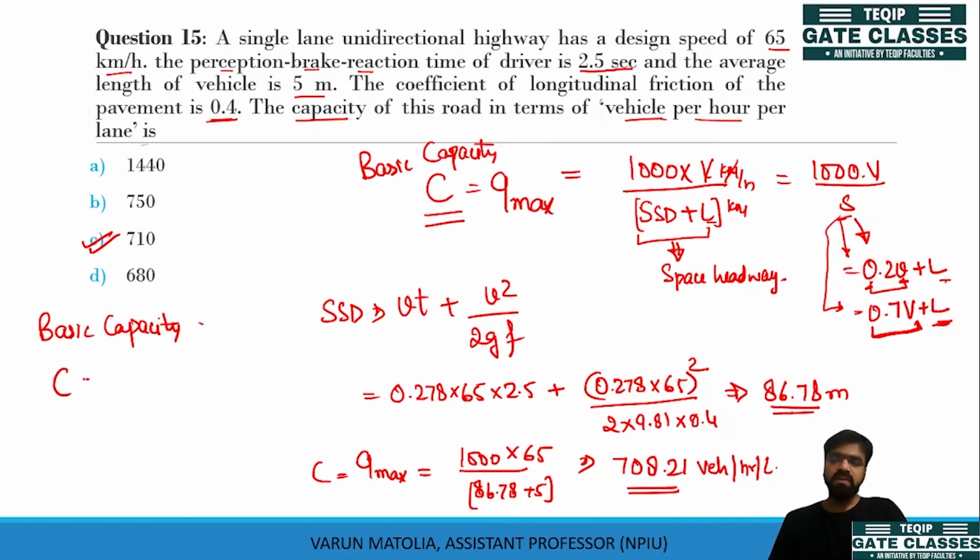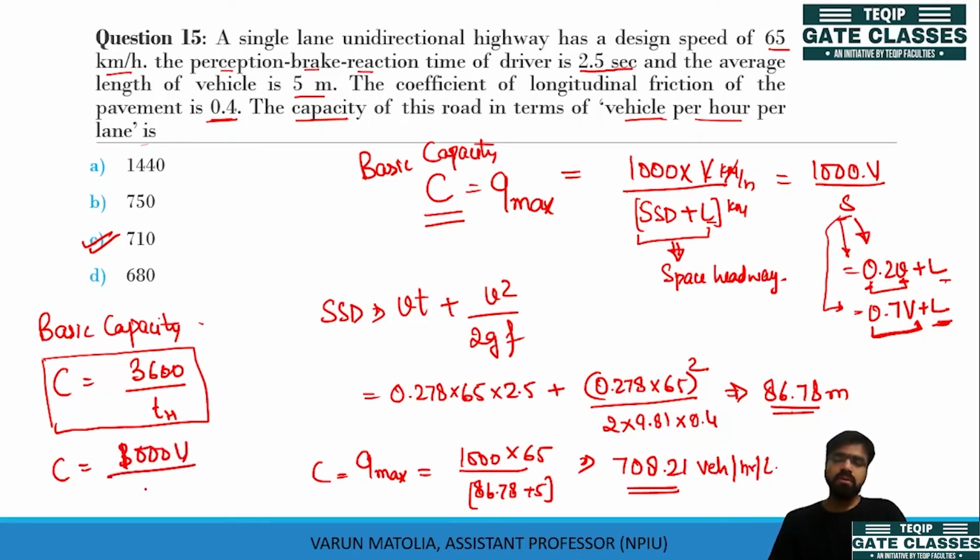In terms of time headway it is 3600 divided by the time headway, because time headway is generally given in seconds. This is your time headway. In terms of space headway, it is this, this is your space headway. We have discussed these things in the lectures.